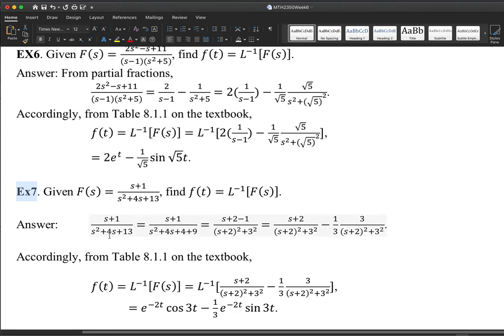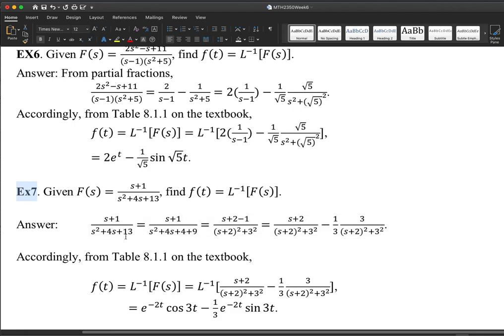But what I see here is we can always make two perfect squares out of this denominator. S squared plus 4s plus 4, that will turn out to be a perfect square. And then when you have this plus 4, basically you want to subtract it in the end. So 13 plus 4, then 13 minus 4, which is just 9.